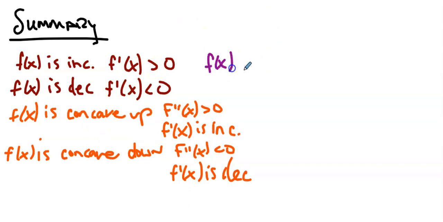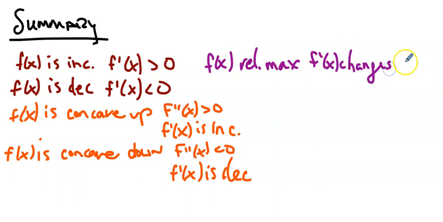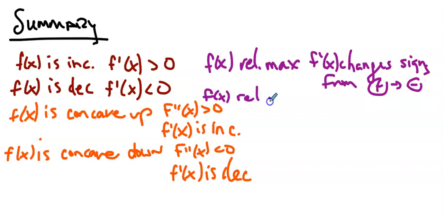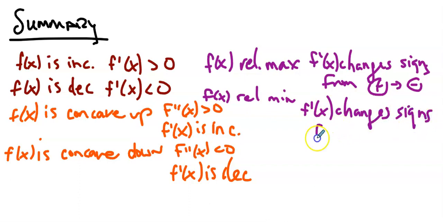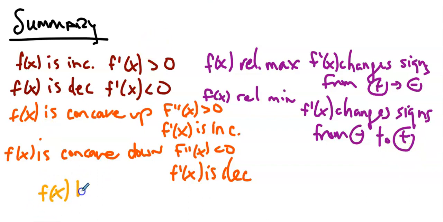I can say that f of x has a relative maximum when f prime of x changes signs from positive to negative, and I can say that f of x has a relative minimum when f prime of x changes signs from negative to positive.